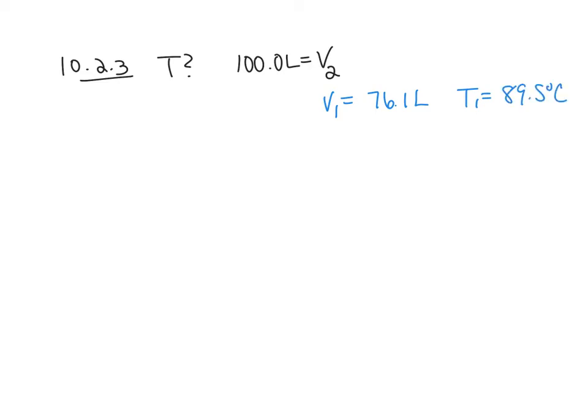Let's go ahead and get that 89.5 degrees Celsius in our Kelvin. So if you add 273 Kelvin onto that, you're going to get 362.5 Kelvin for your T1. And we need to solve for T2.